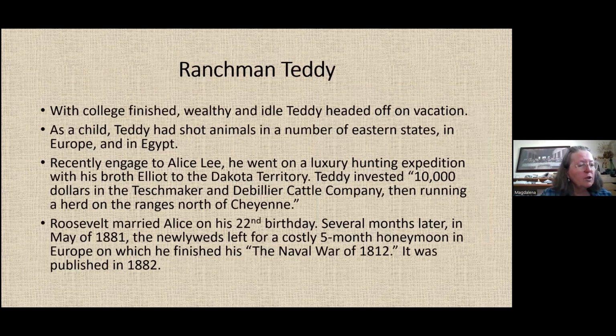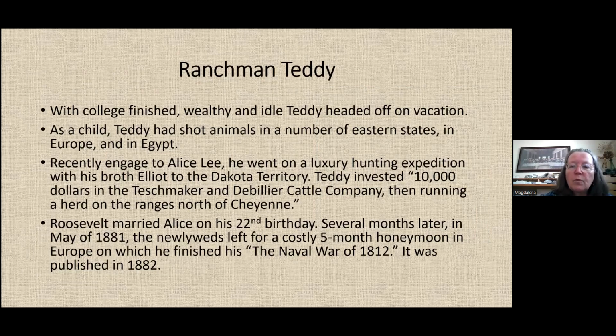So college finished and his mind brainwashed. Okay, that's my take. Wealthy and idle, Teddy headed off on vacation. As a child, Teddy had shot animals in a number of eastern states, in Europe, and in Egypt. He had recently engaged himself to Alice Lee.